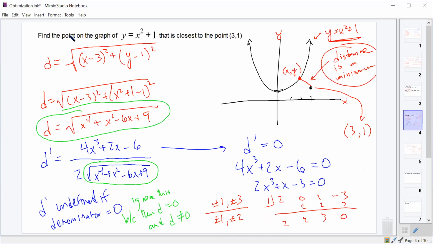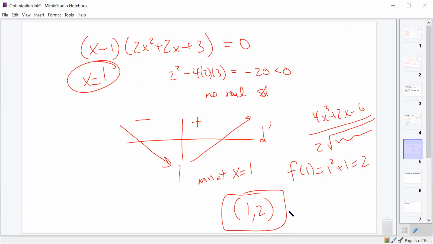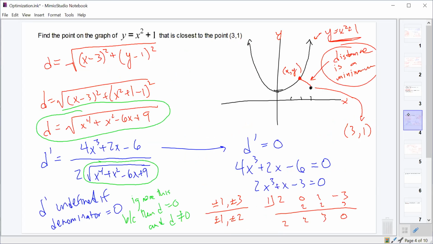I think it just asked us to find the point, so that's our answer, (1, 2). If it asks us to find the minimum distance, then we could go back in and plug 1 into this, and we'd find that 1 plus 1 is 2, minus 6 is negative 4, plus 9 is 5. Inside the square root, the distance would be the square root of 5 units away. And that's the minimum distance. Does that make sense?